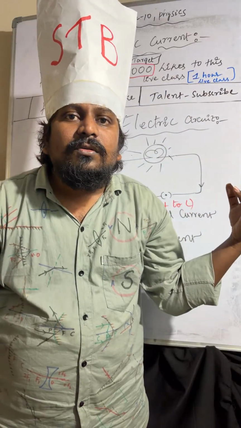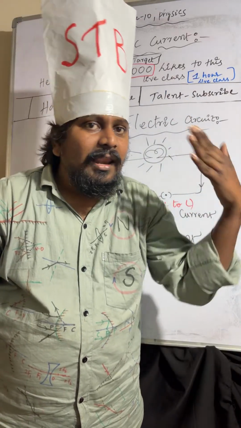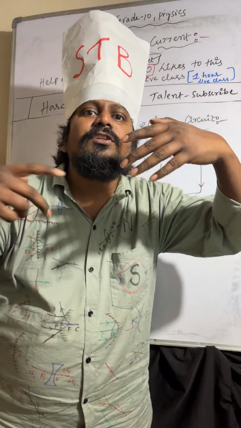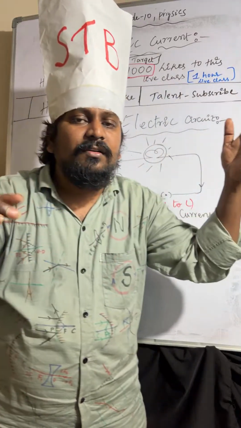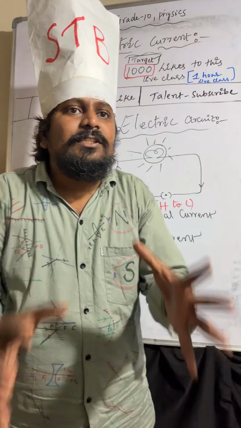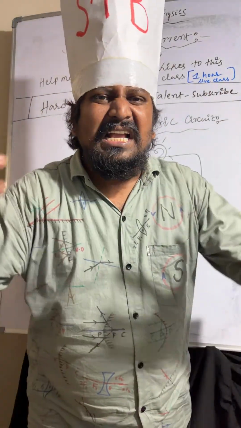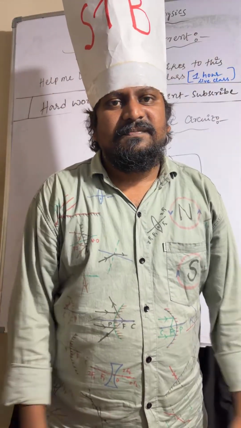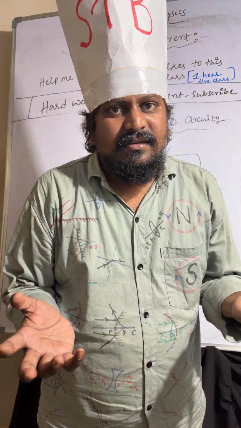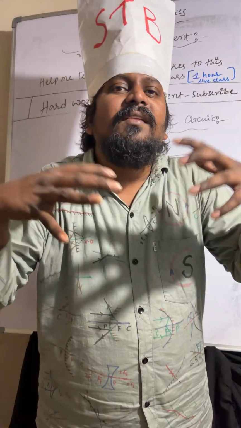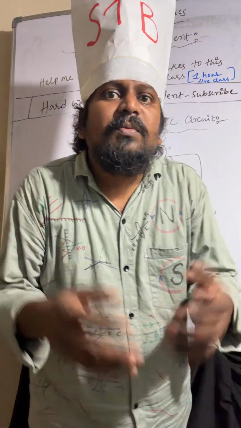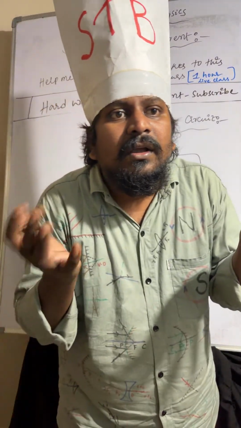So you have to take the electric current direction opposite to the electrons' movement. That is the conventional current. What about electric current?